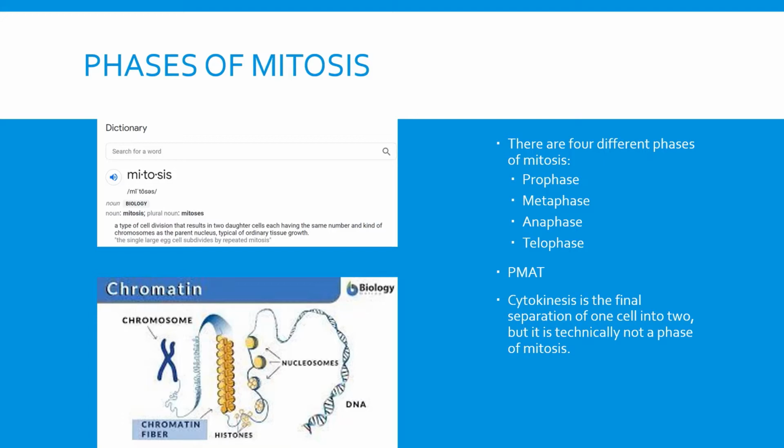Now, in the definition of mitosis, we talked about chromosomes, and the bottom picture is just to show you what a chromosome is. So chromatin is DNA basically in its stranded ladder form that we've been studying and looking at in previous videos.